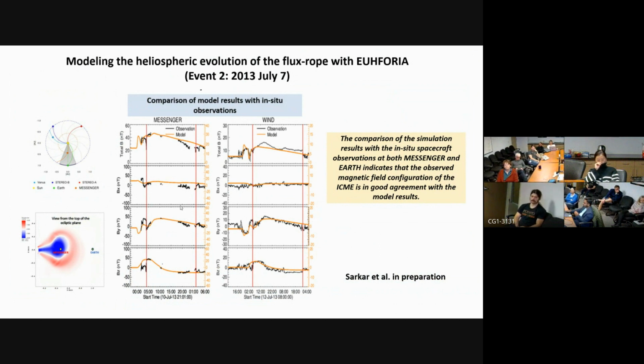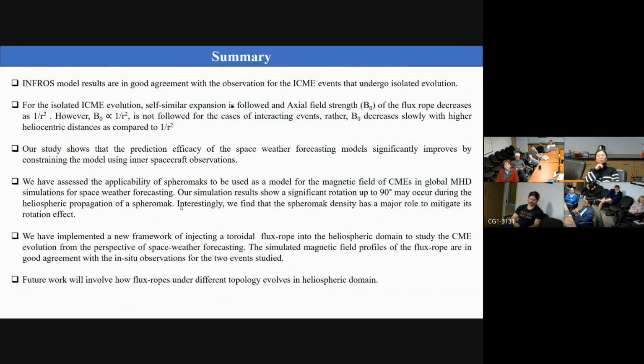To summarize what we have seen: the analytical model can be a very good tool because it can be run very quickly to model the same structure from sun to earth. But there should be some caution, because only when the ICME is related to isolated evolution can it give very good results, but not for the other cases.